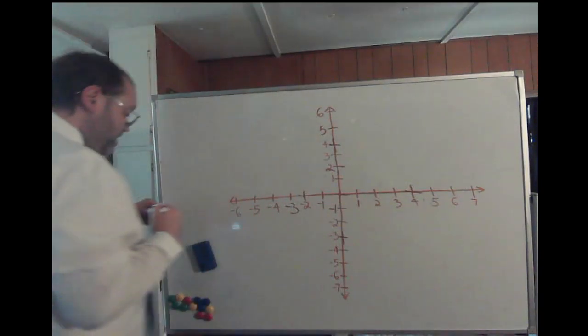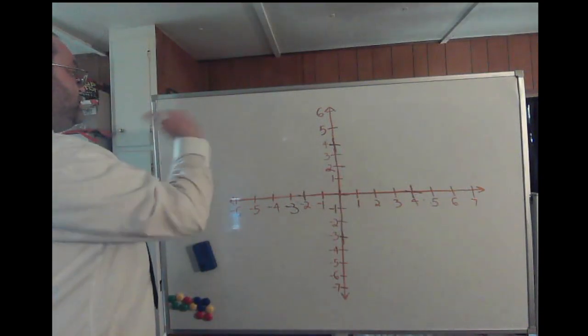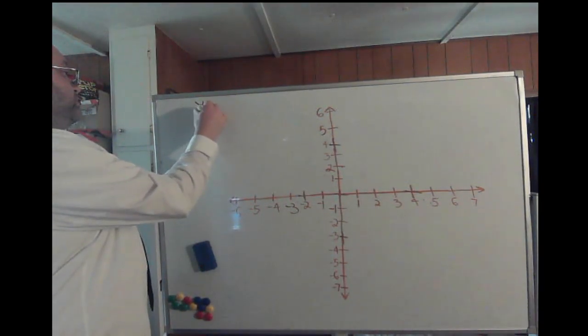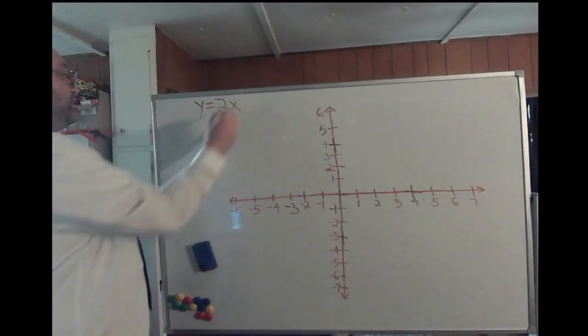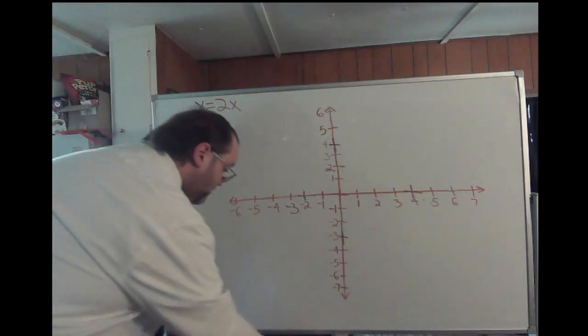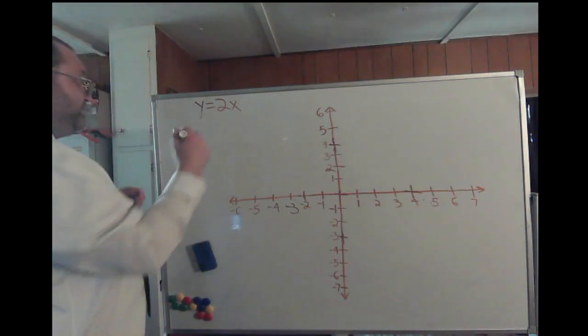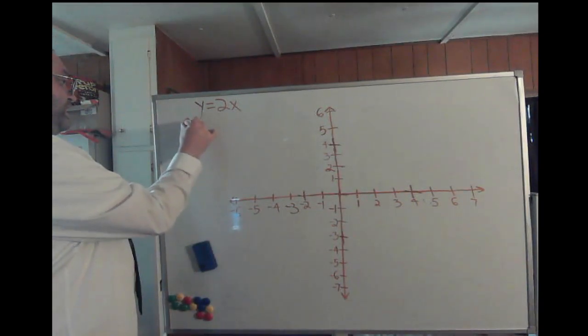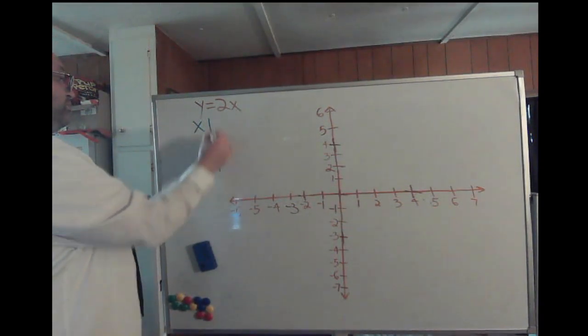Okay, we have the equation y equals 2x. So this time we got y equals 2x. So what we got to do here, do yourself a favor, form another table with x and y, form another table of values.